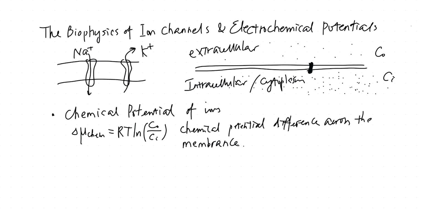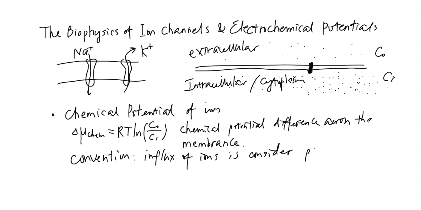So by writing it this way, the convention is that influx of ions is considered positive. This is totally a convention.